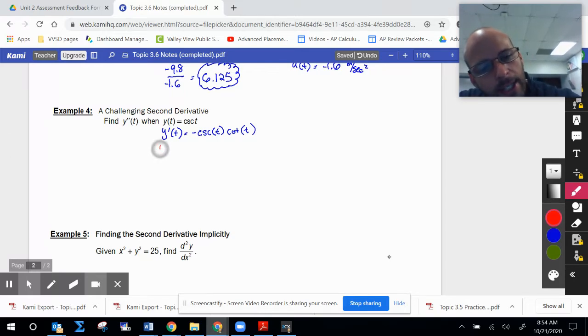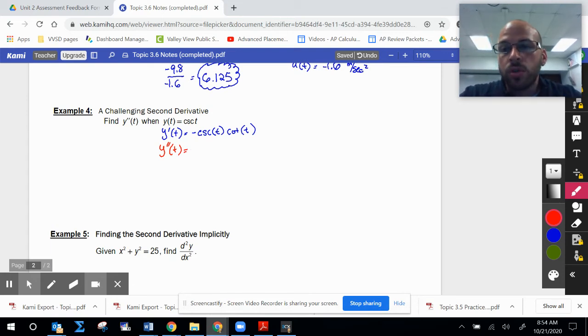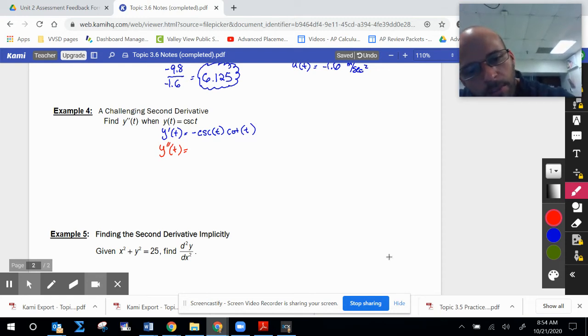So when I do the second derivative, if you notice, my first derivative is a product of two functions. So when I do a second derivative, I need to use product rule. So the derivative of a negative cosecant, the first piece of my product, is going to be a positive cosecant t cotangent t.